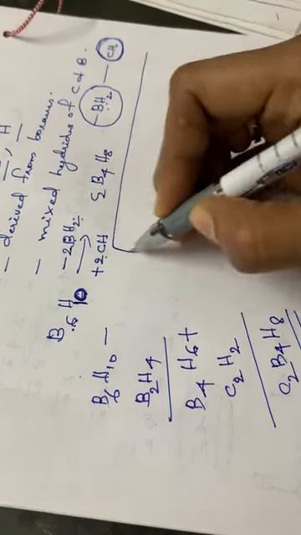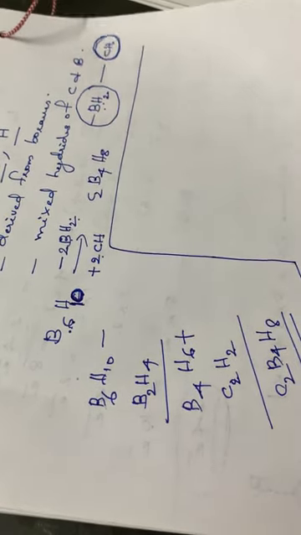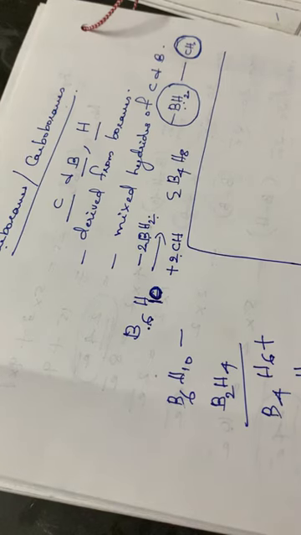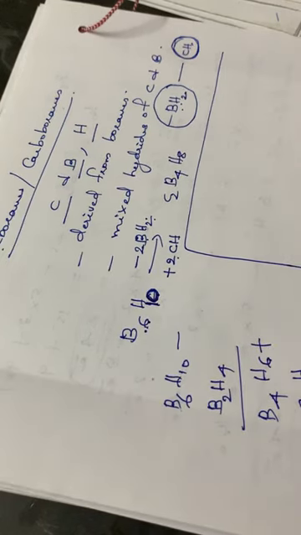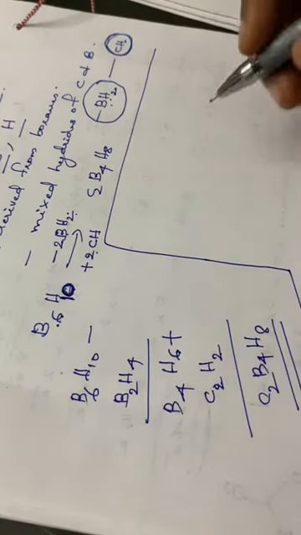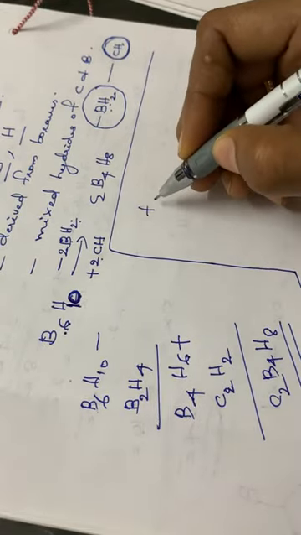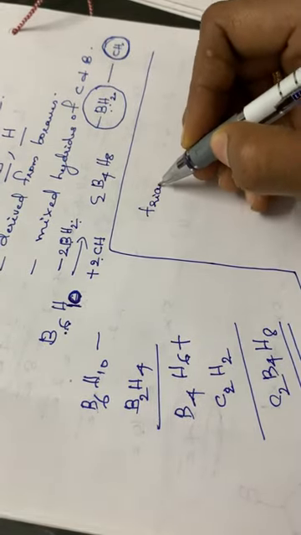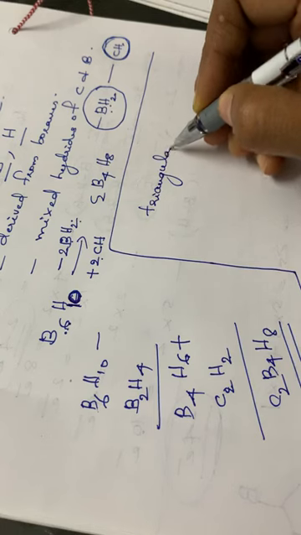So this is the process of obtaining carboranes: we simply replace a BH2 unit by a CH unit. In carboranes, the carbon and boron atoms occupy the vertices of a triangulated polyhedron.